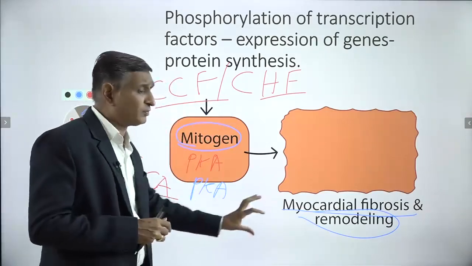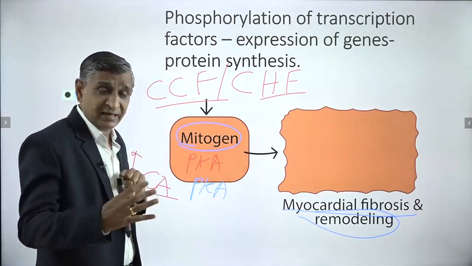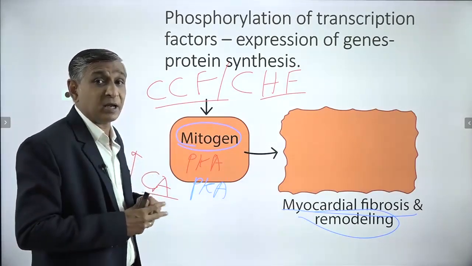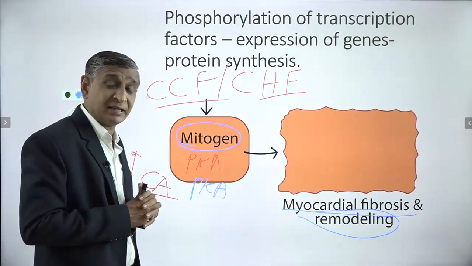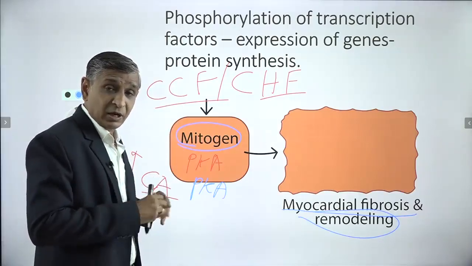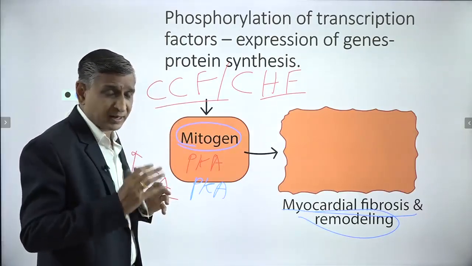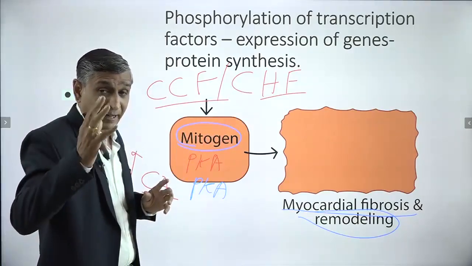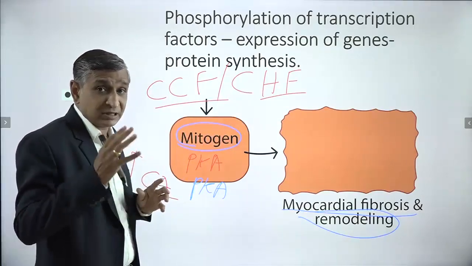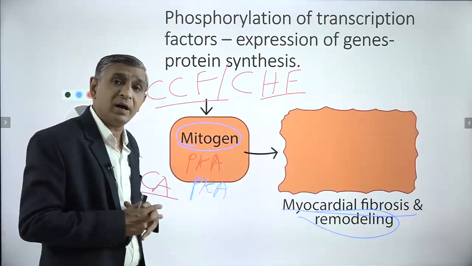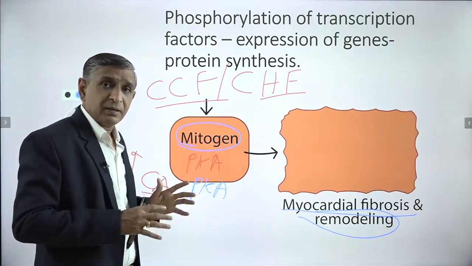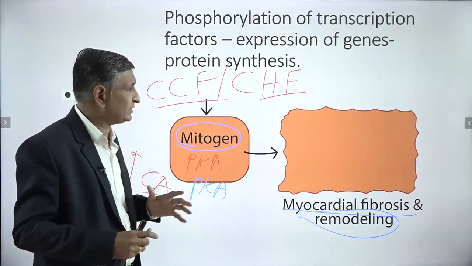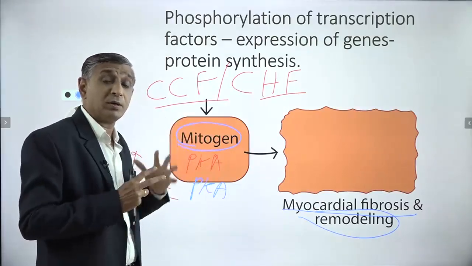Because of understanding of this process, the scientists were able to assume that if we use beta blockers in the patients of CCF, in the patients of congestive heart failure, then it may reduce the chances of remodeling of the heart. Then experiments were planned, and the patients of CCF were given metoprolol.